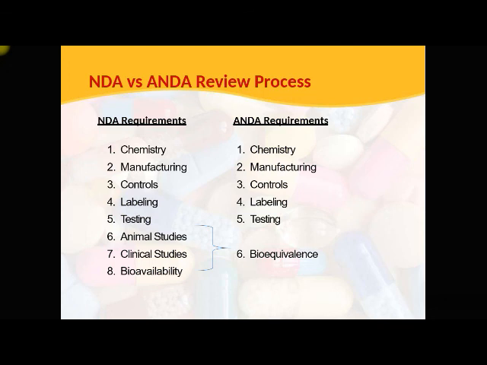But what is important is that we don't need to perform animal studies, any clinical trials, or any bioavailability study. Instead, we have to perform only one study, the bioequivalence study, which takes much less time and much less cost to perform. Thus generic products are cheaper in price as compared to the reference products.